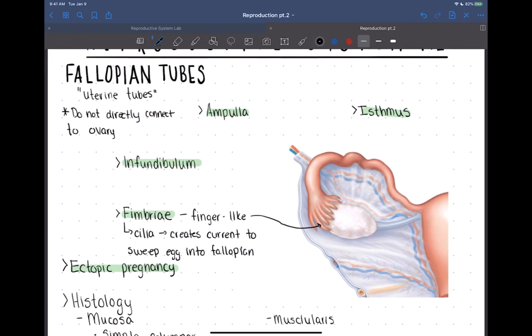The next structure is called the infundibulum. The infundibulum is a cone-shaped structure that extends from those fimbriae, and it is open to the peritoneal cavity.